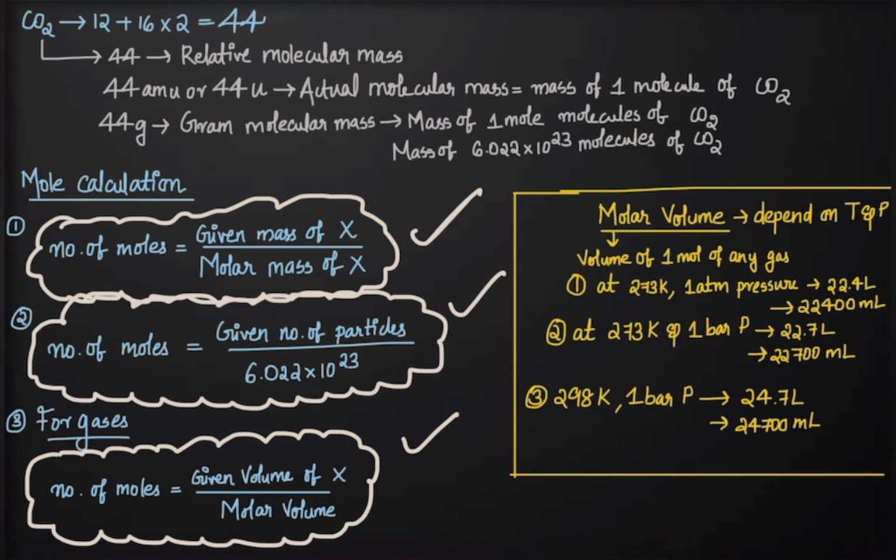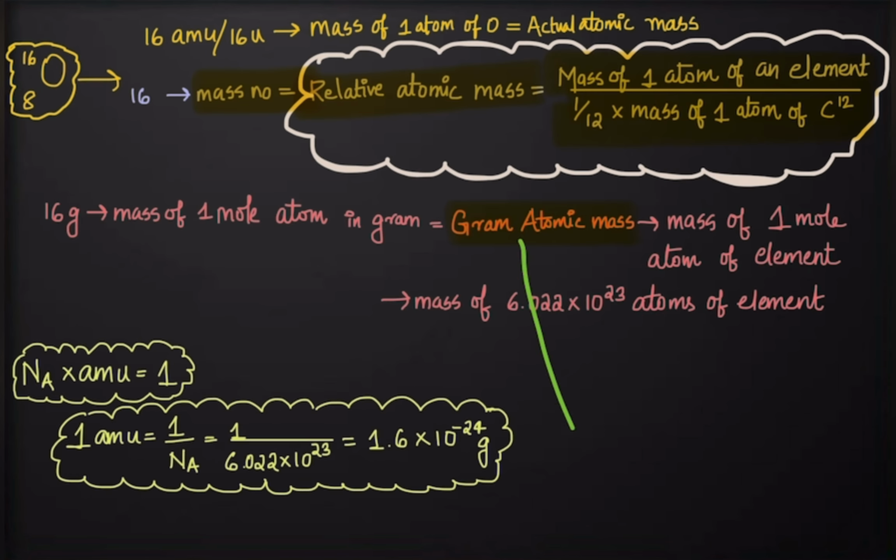The number of moles is equal to the given mass of element divided by the molar mass of element, and the number of moles is also equal to the given number of particles divided by Avogadro number. This molar mass of a particle means the mass number in gram. This gram atomic mass is also known as molar mass.